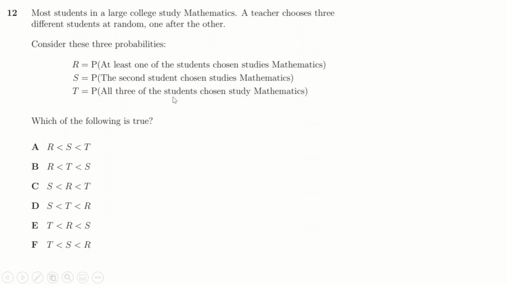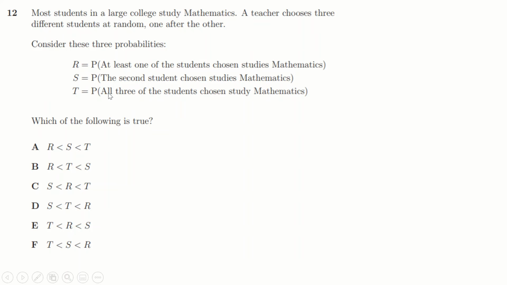And likewise, when you get down to here, if all 3 of them study maths, then in any case that you draw up where all 3 study maths, the second, of course, must study maths. Whereas the second statement was just saying what the second can do, and the first and third can do whatever they like. This one says the second must, and the first and third also must.